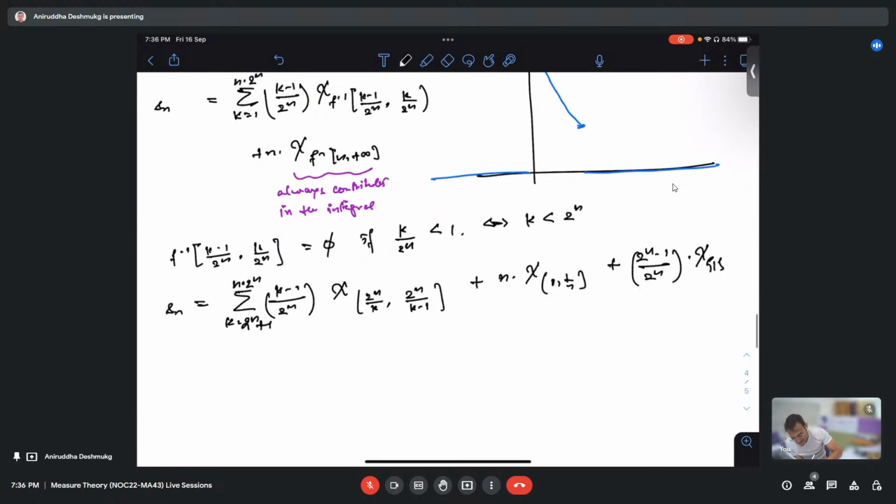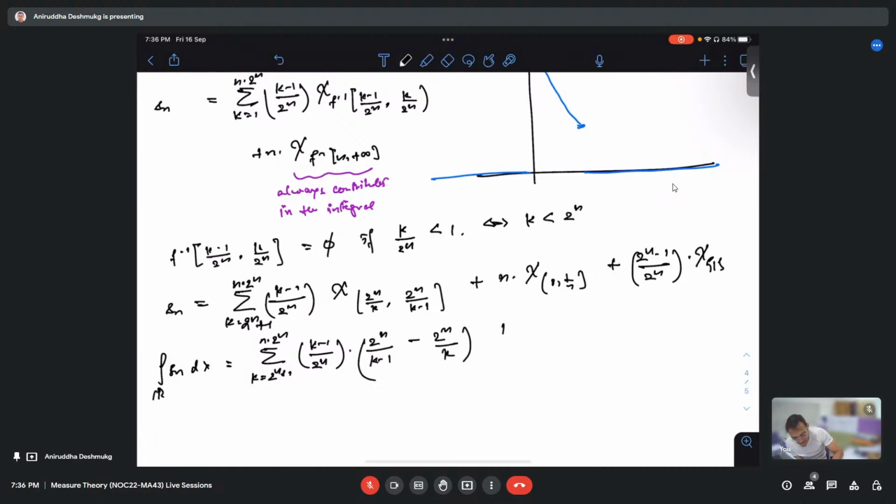Now if I integrate it, this is equal to the sum from 2 to the power n plus 1 to n into 2 to the power n, of k minus 1 by 2 to the power n, times 2 to the power n by k minus 1 minus 2 to the power n by k plus 1, plus 0, because the measure of singleton sets is 0.